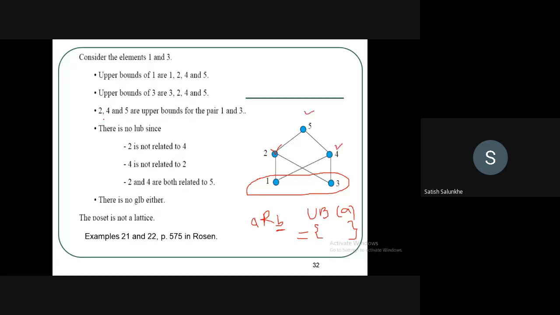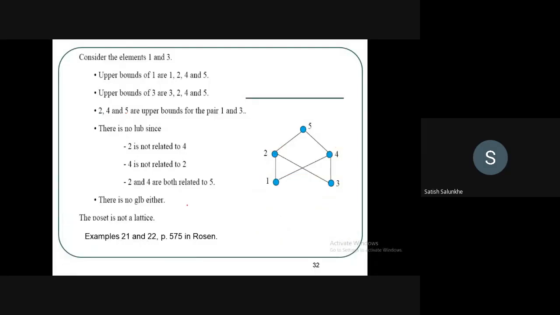So, 2, 4, 5 are upper bounds for 1 and 3.